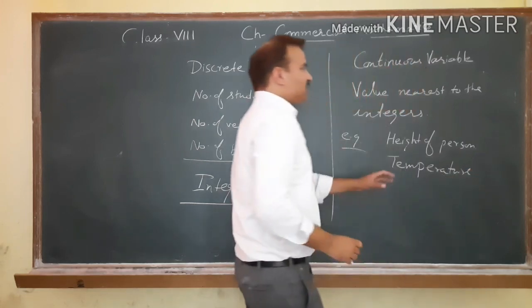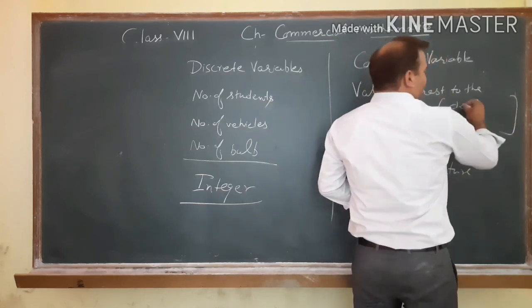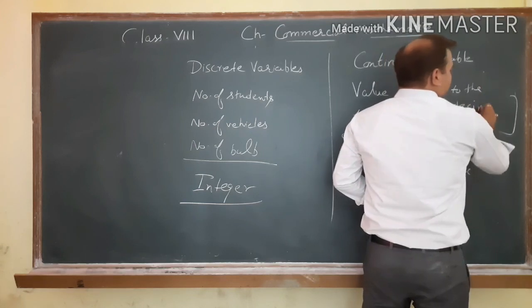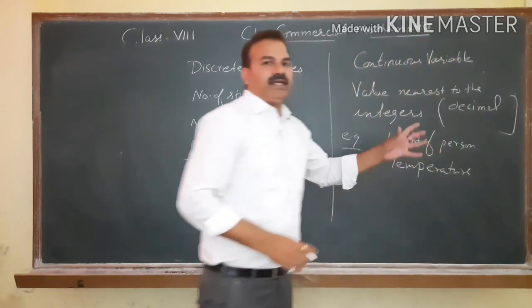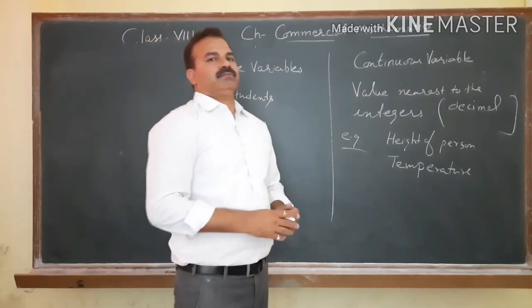So those values which I'm writing here may be in a decimal form, nearest to the integer. Those values are known as continuous variables.